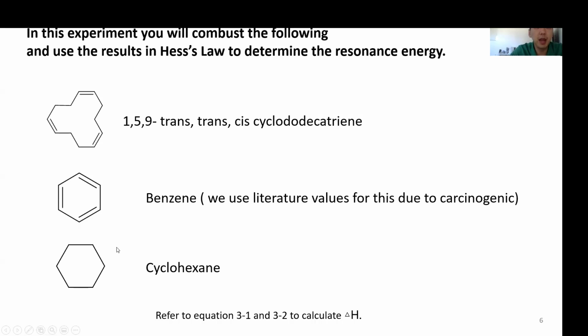Once you measure the heat of combustion of TTCC and cyclohexane, you will use equations 3-1 and 3-2 to calculate the delta H of the reaction. Those are the equations in the handout.